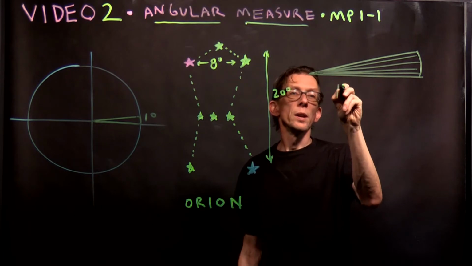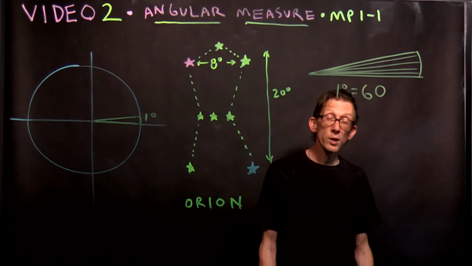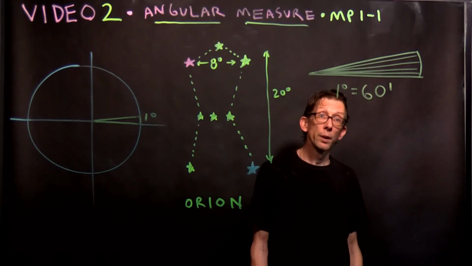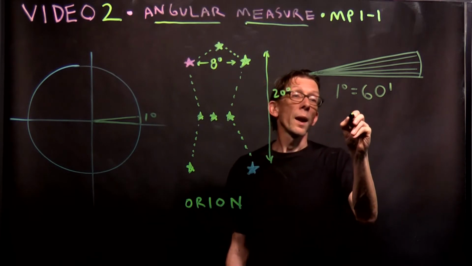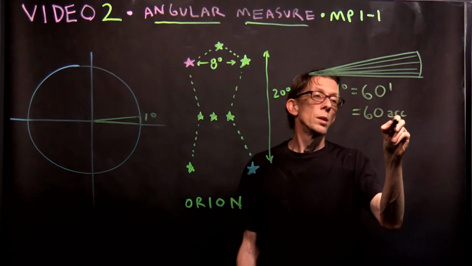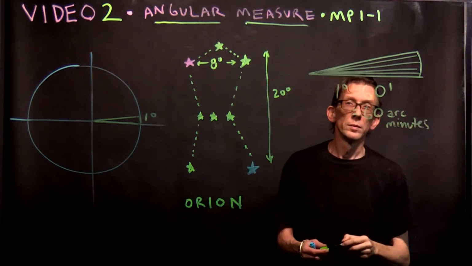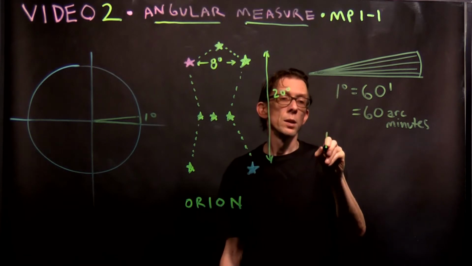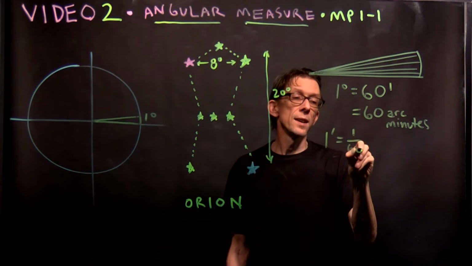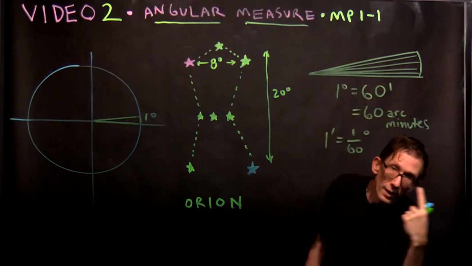So 1 degree equals 60 of these smaller pieces, and those smaller pieces are symbolized with a prime and are known as arc minutes. So 1 arc minute is 1/60th of a degree. You can fit 60 arc minutes in a single degree.